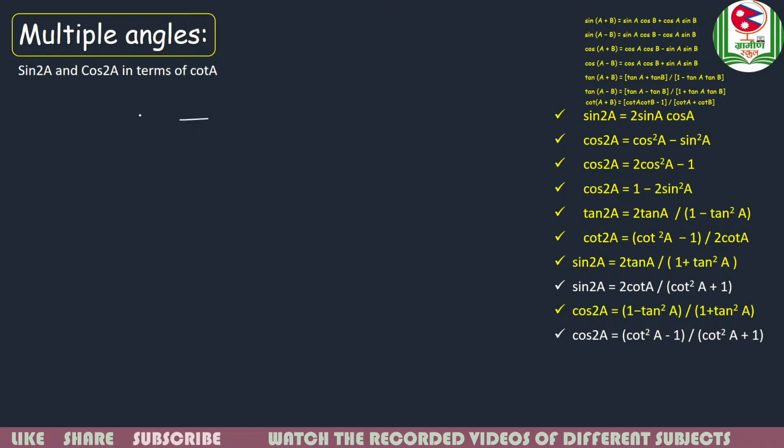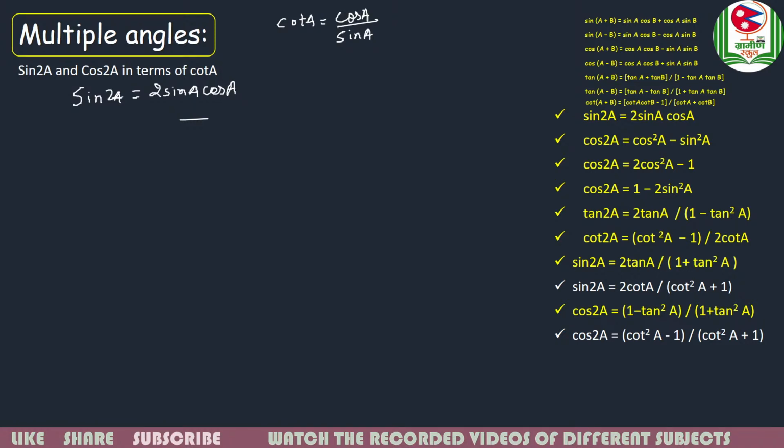We know again here sin 2A equals 2 sin A into cos A, and we know cot A means cos A upon sin A. So we will search the cos term, and here it is cos.